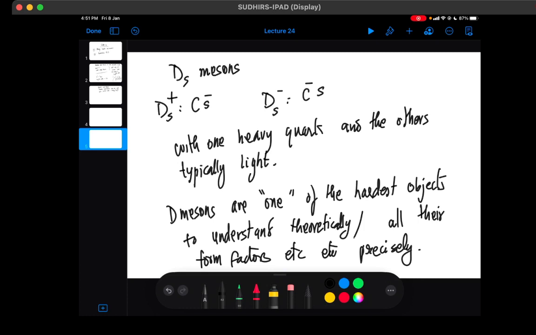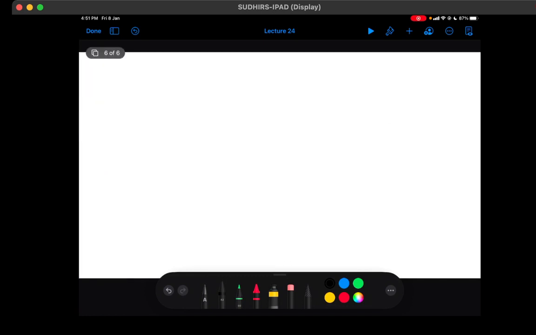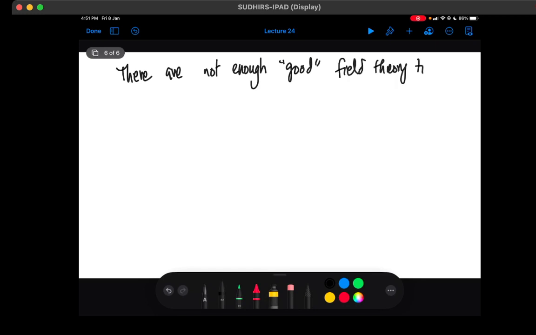There are not enough field theory tools, not enough good field theory tools to understand them, as well as other mesons.